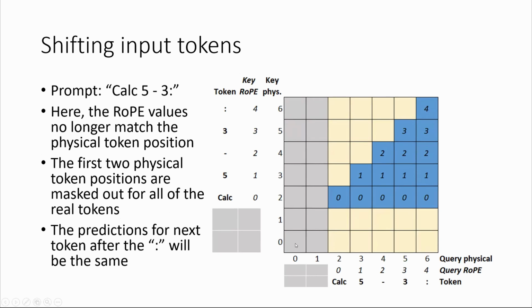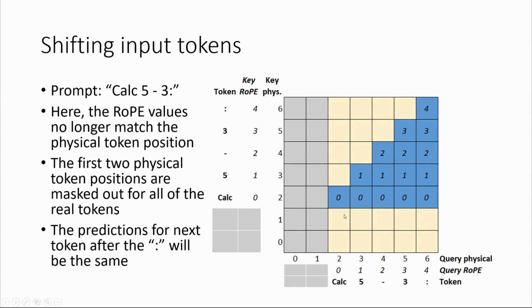These are the 0th and the 1st physical positions. So you'll see that the 0th and the 1st physical rows on the attention masks are all zeros, which means I never allow any of these tokens, calc 5 minus 3 colon, to attend to these. Because if I did, it would change the calculation.